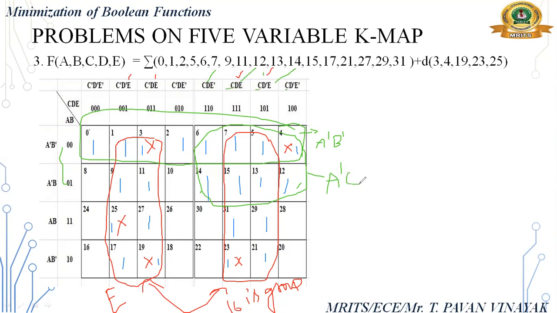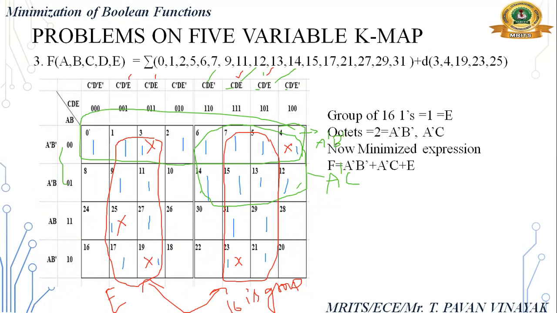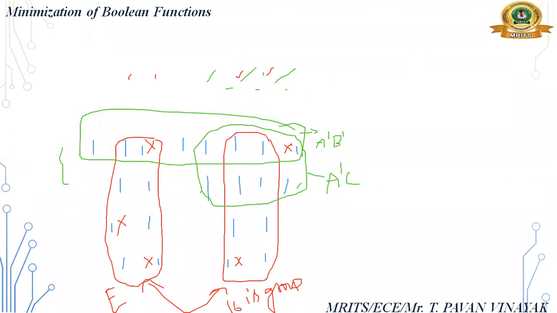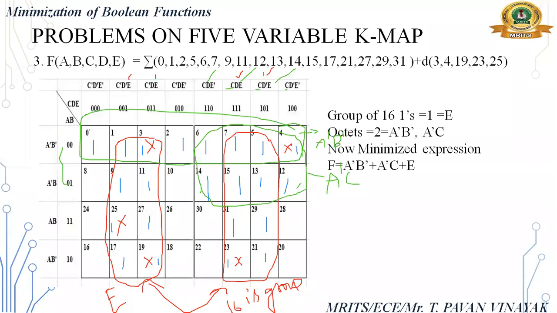So the answer is A bar C. Okay. So the final expression is E A bar B bar plus A bar C. So this is the final expression. Okay. Like that you have to do problems.